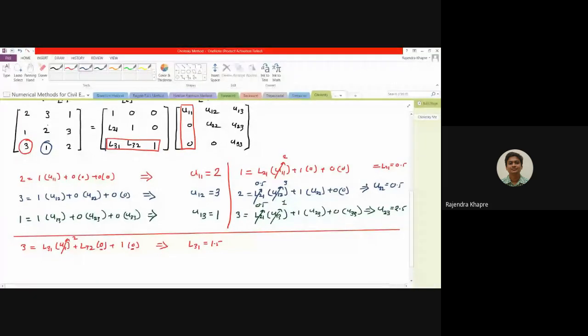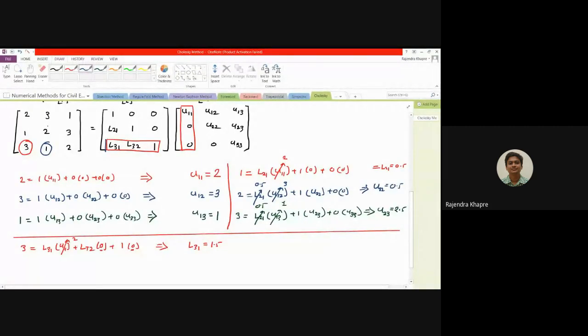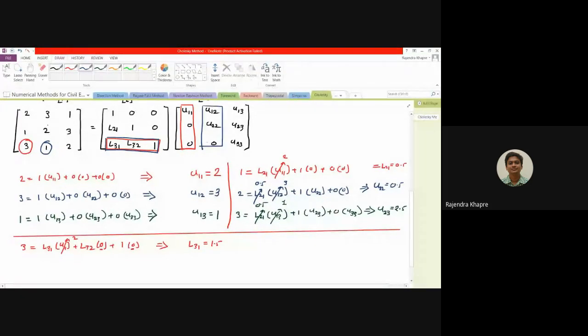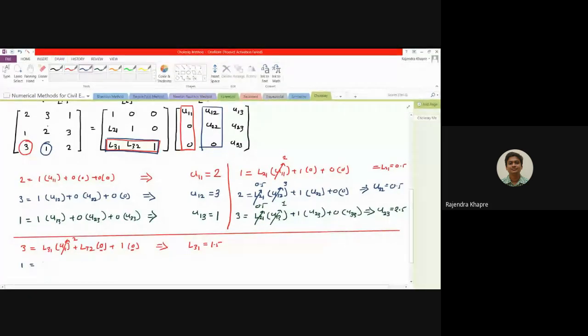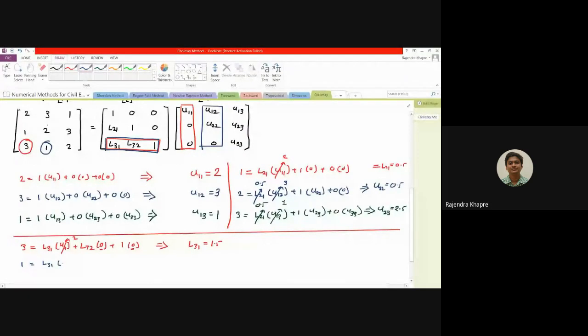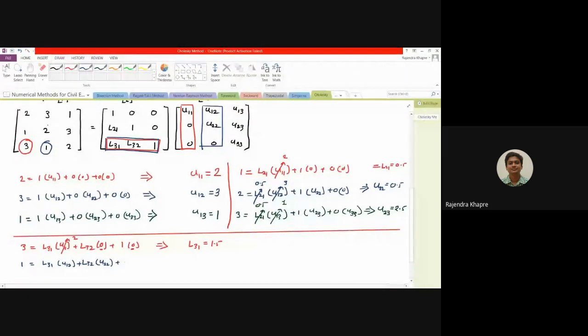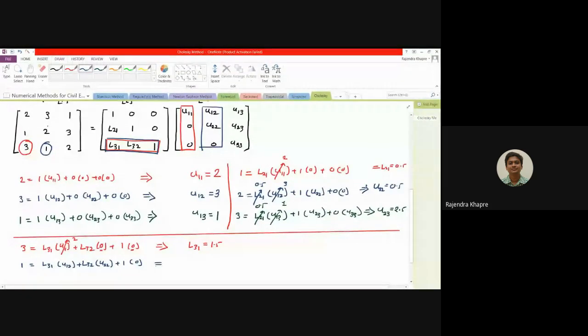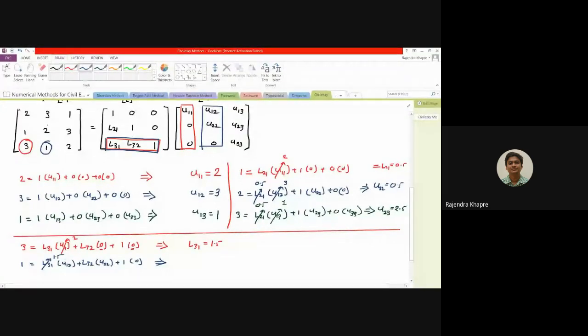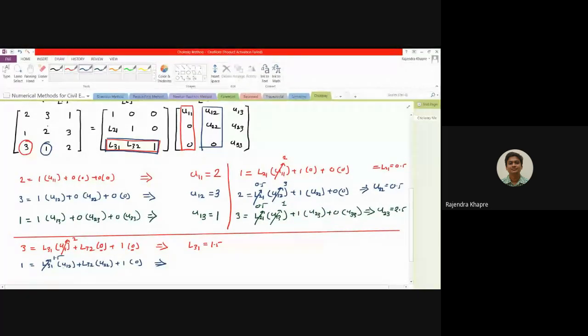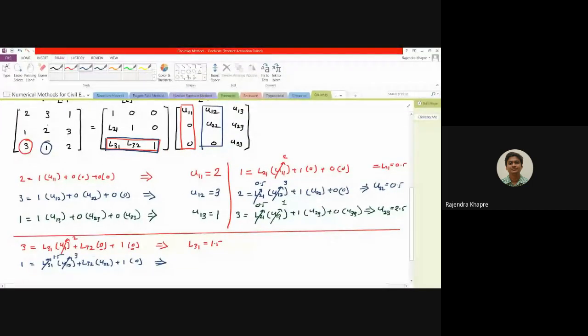Then I'll be working on this one. This one can be obtained by taking the multiplication of this row with this particular column. ठीक है? So 1 equals L31 multiplied by U12 plus L32 multiplied by U22, then we have 1 into 0. Out of which L31 we have just calculated as 1.5, and U12 we have calculated as 3.